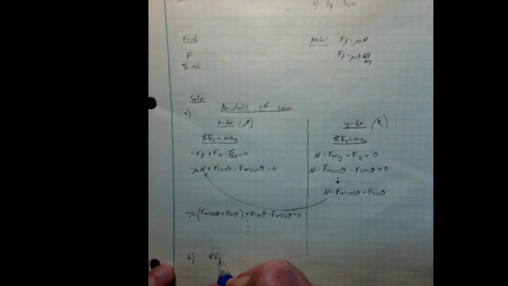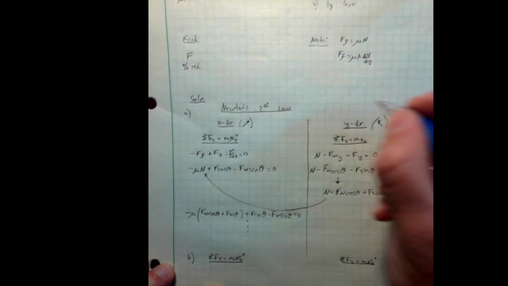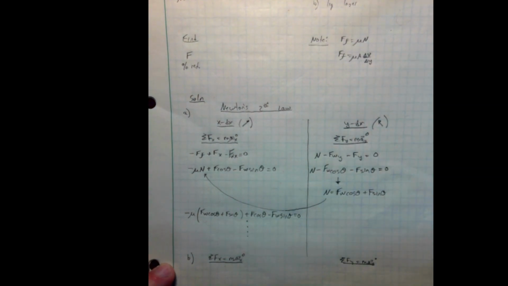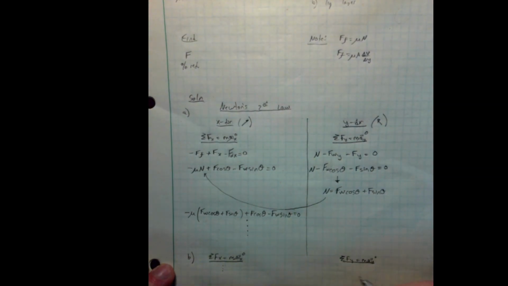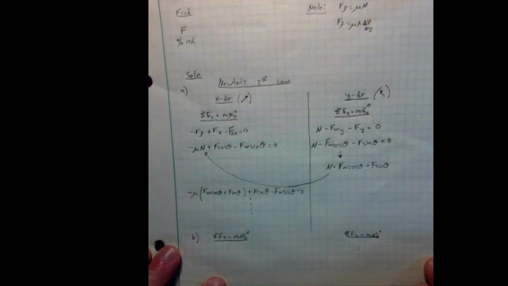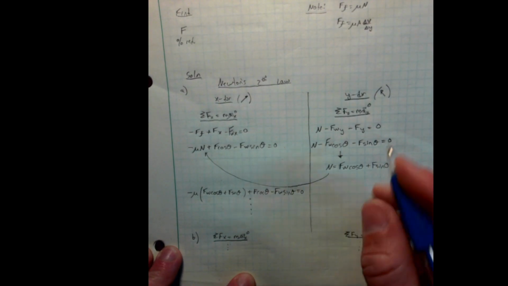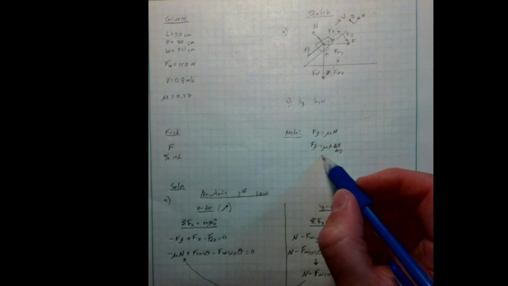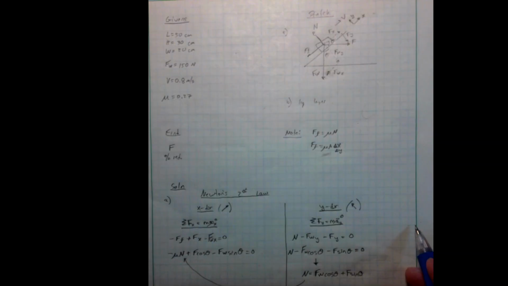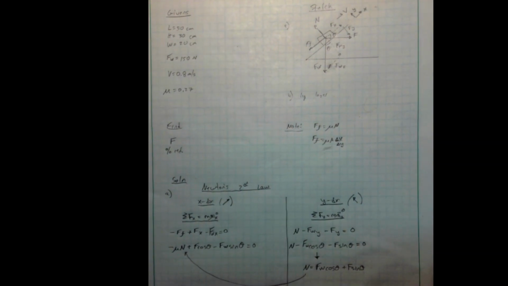Sum of the forces in the X equals MAX, and sum of the forces in the Y equals MAY. We forgot to do this on part A, but those are 0, right? Because it's moving at constant velocity up the ramp. And then fill it in. But the only difference is, again, up here, the friction force is different. So let me zoom out.